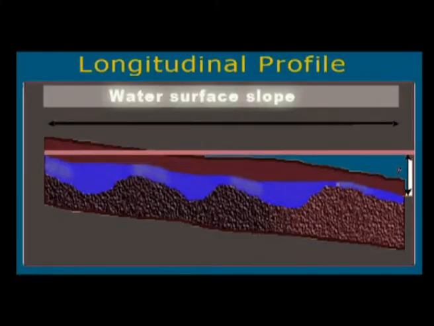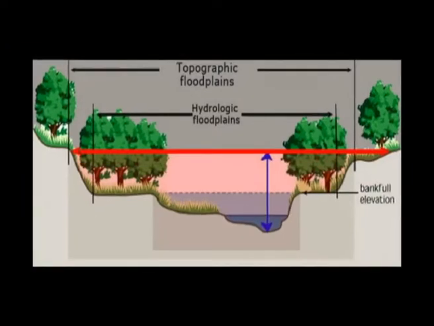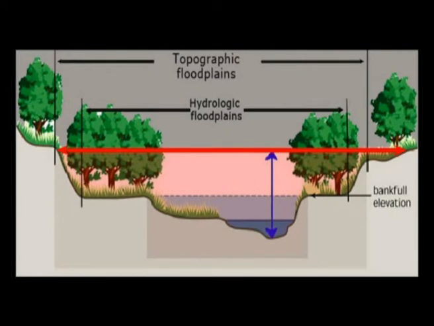The longitudinal profile of a stream is analyzed to know the water surface slope. It helps to compute the velocity of flow and also understand the gradient. The transverse profile helps in identifying the nature of topographic floodplain and hydraulic floodplains. The actual water flowing zone in a river is called the bankfull elevation.